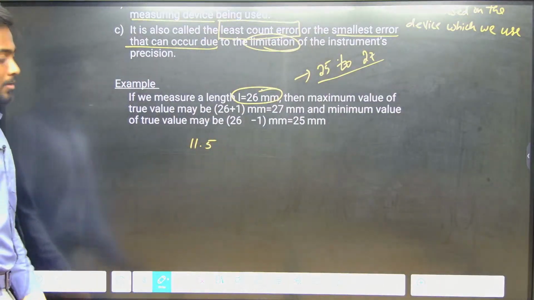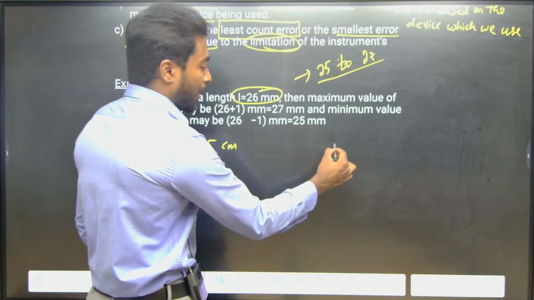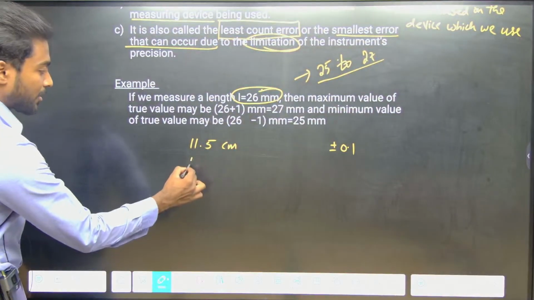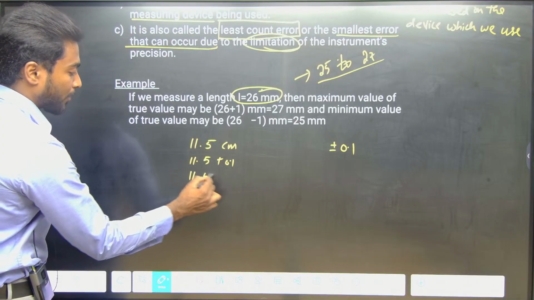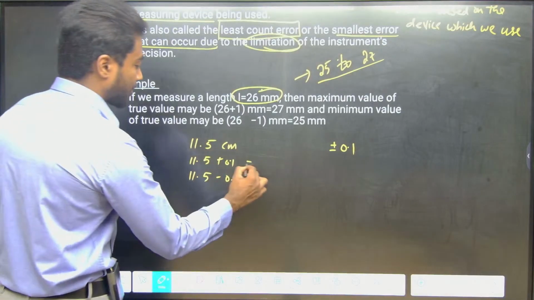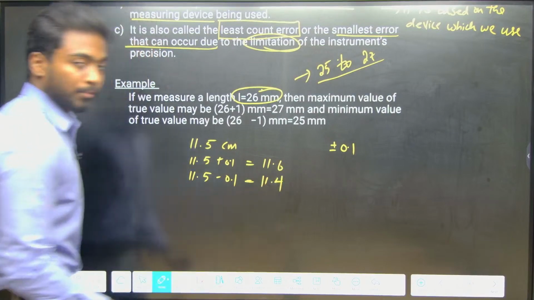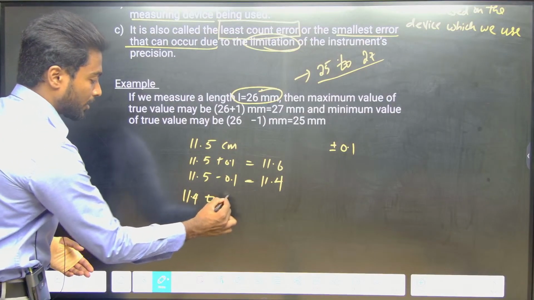Suppose you are talking about 11.5 centimeter and the maximum is plus or minus 0.1. Then 11.5 plus 0.1 and 11.5 minus 0.1 give us 11.6 and 11.4. So I can have the value from 11.4 to 11.6.